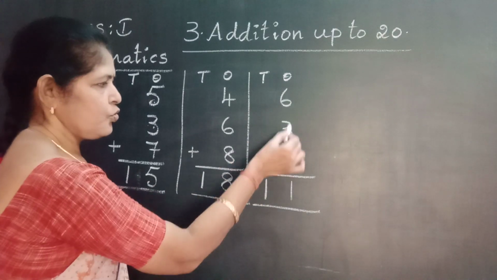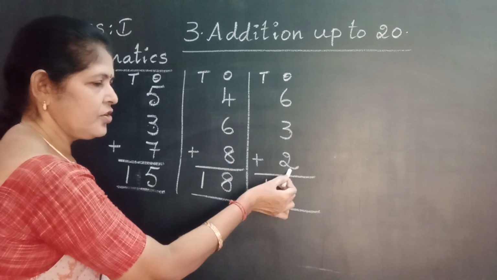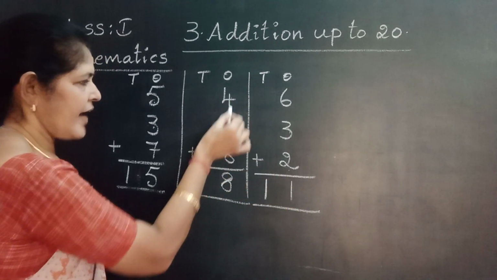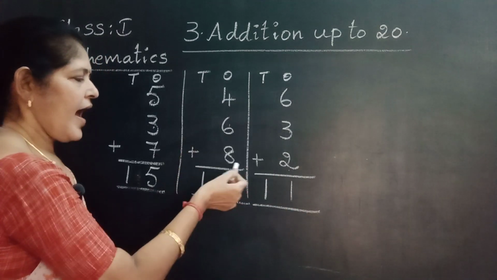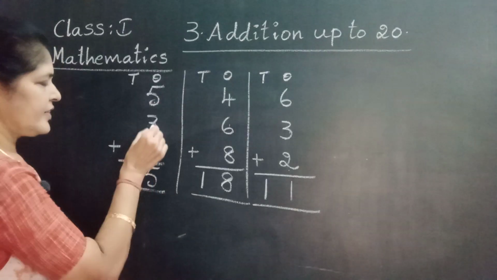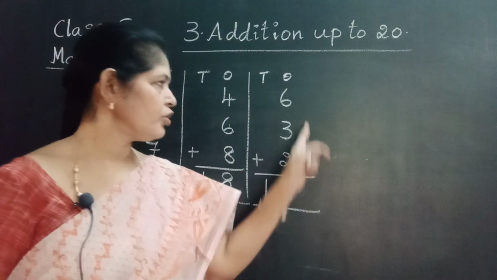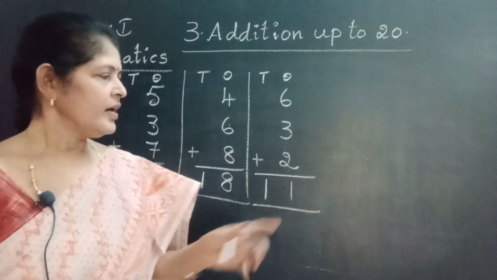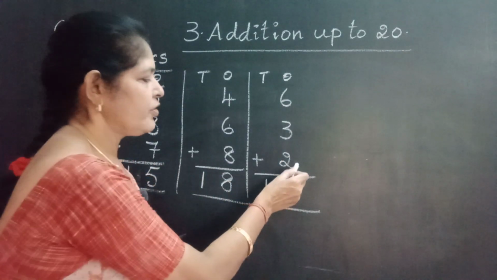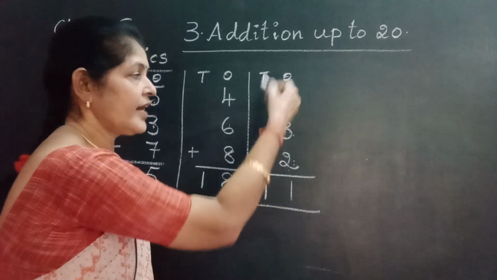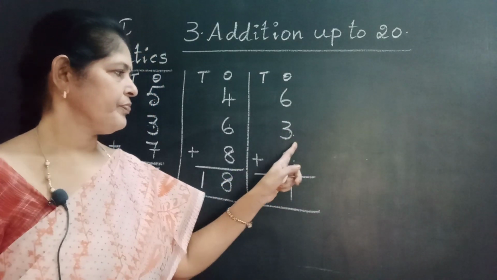First add these 2 numbers and add 2 again. First add these 2 numbers, then add 8. First add these 2 numbers, then add 7. If you are doing down to up also, the same answer. Down to up means first you have to add these two numbers, then go to that number. See, ready?